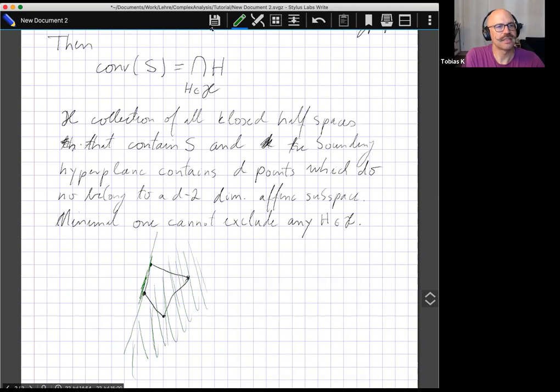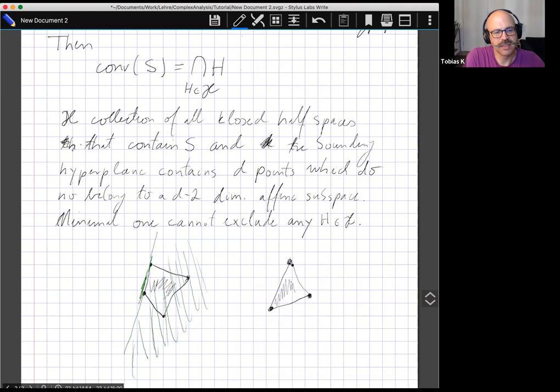This is also clear if I have a straight line, and let's say I have 1 point of my space S here, 1 point here, 1 point here. The convex set of it is this here, actually the square.